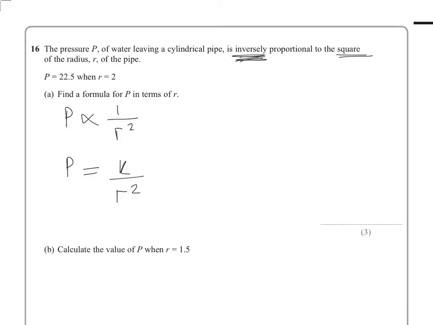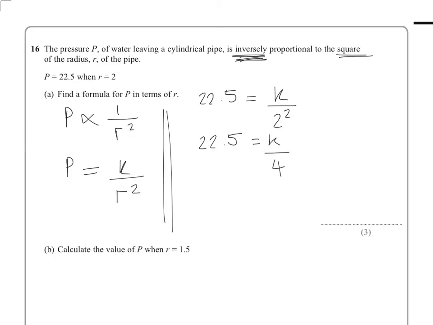Now we want a formula for P in terms of r, i.e. we need to get rid of this K value, but we know 2 points that we can sub in. So when P equals 22.5, r equals 2. 22.5 equals K over 2 squared. 2 squared is 4. To get rid of the divide by 4, times by 4.